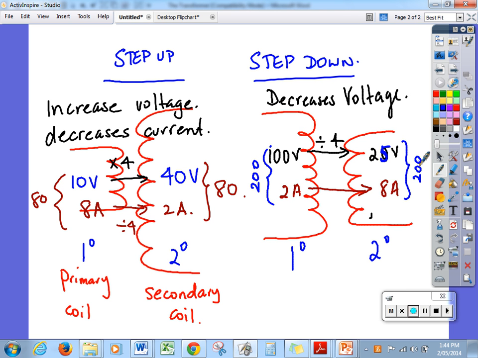Right, so let's just have a look at how this happens and why it happens. So we've got the two ideas of a step up and a step down. What makes a step up, and what makes a step down? It's just to do with the symbol I'm using. What do you notice about the primary and secondary coil? One is bigger than the other. Good.